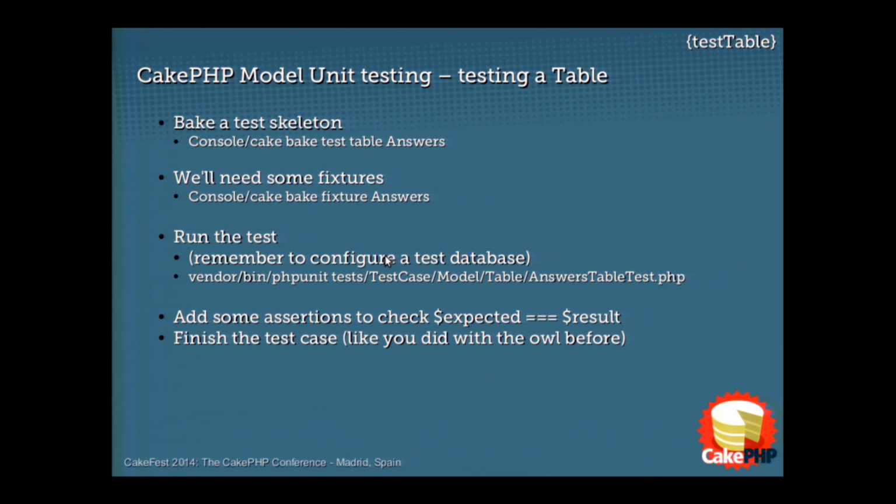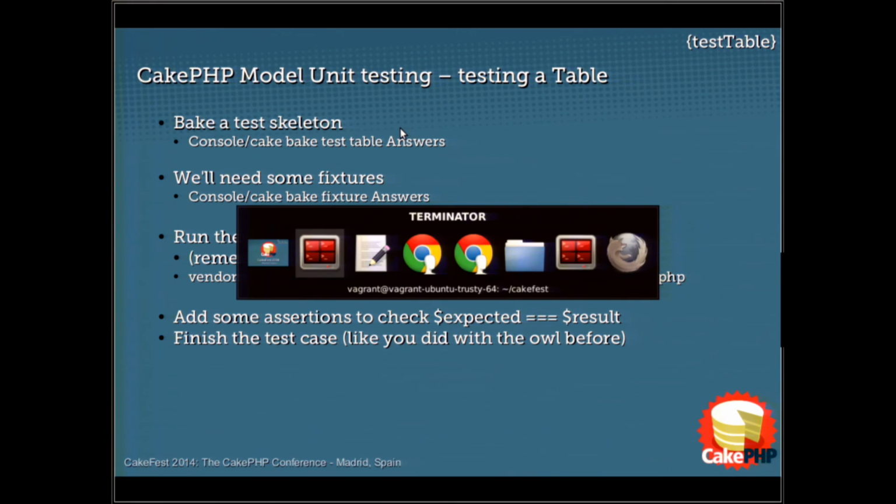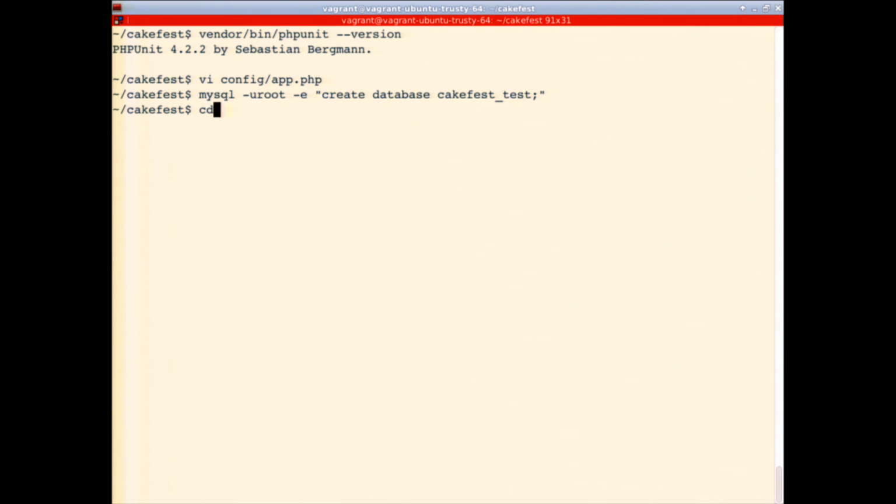So the first thing is, we're going to use Bake to build a test skeleton for our answers table. So we can use Bake as we did before. In the console, cake bake.